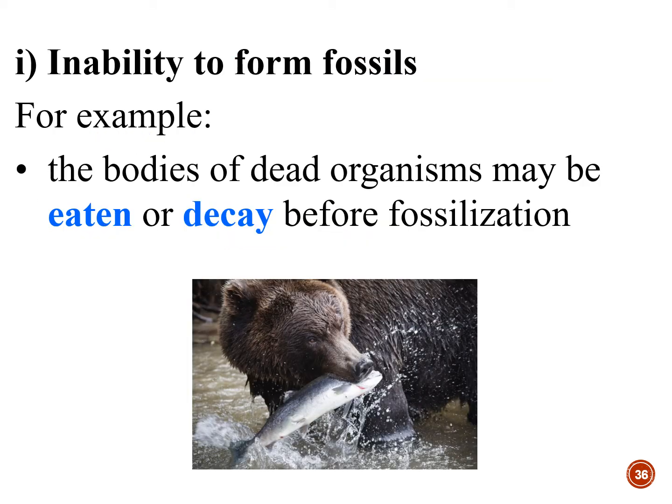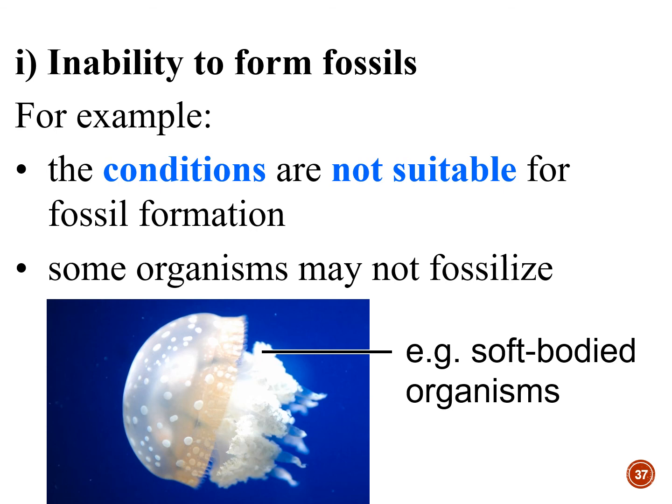The first reason is maybe some organisms are not able to form fossils, as the dead organisms may be eaten or decay before fossilization. The conditions are not suitable for forming fossils. Maybe you don't have a great pressure, you don't have mud. Some organisms cannot be fossilized because they are soft-bodied organisms, such as the jellyfish.